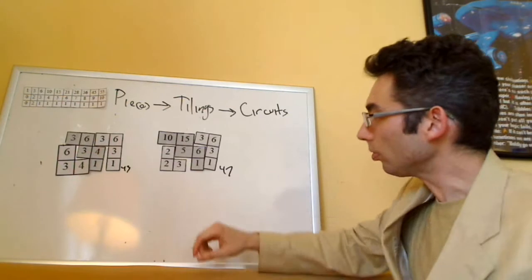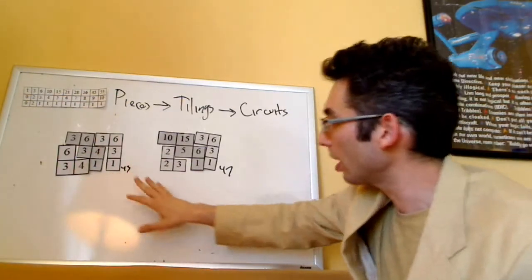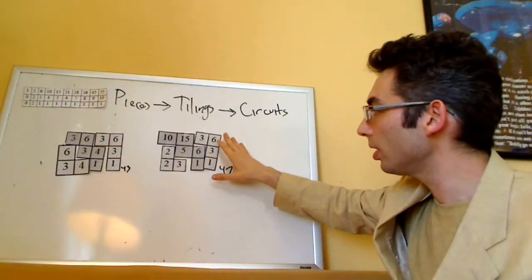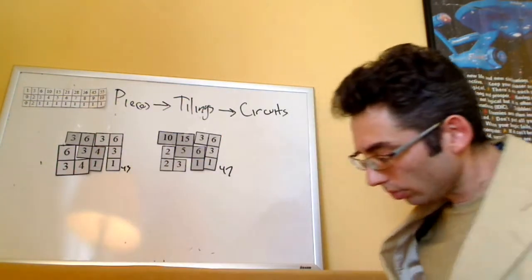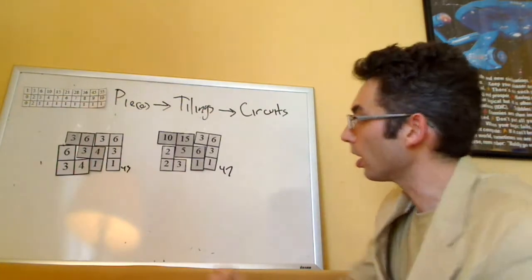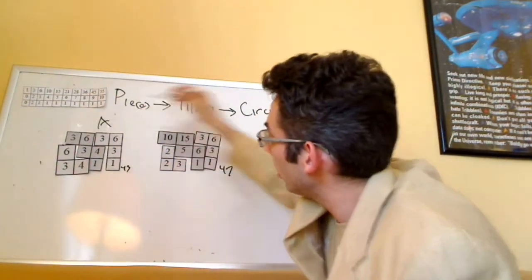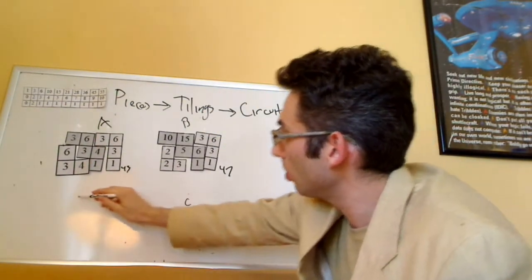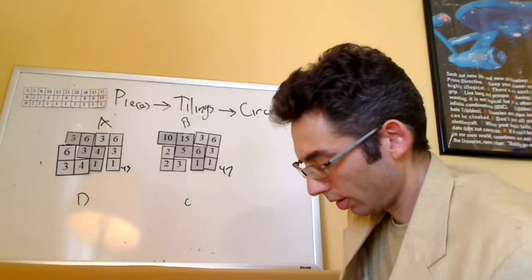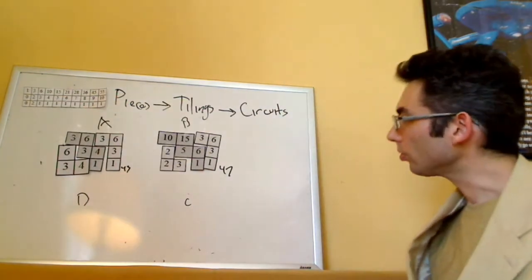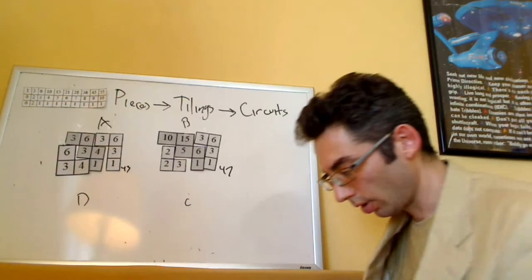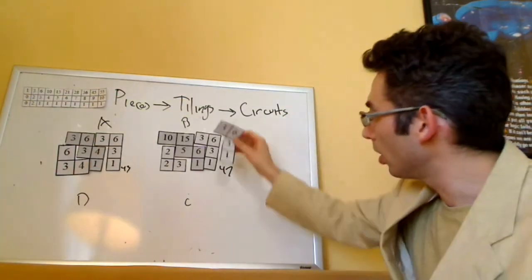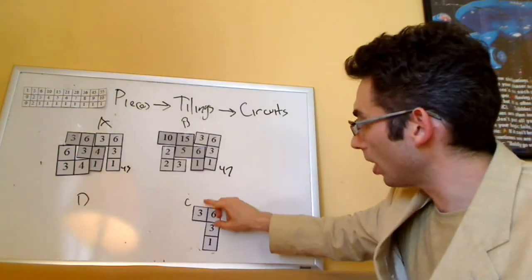So now, since only the L terminal pieces are getting exchanged, the W pentomino and L tetromino pieces just move down. So this is A, this is B, this will be C, this will be D. So this just moves down.